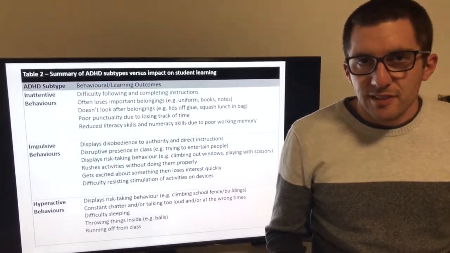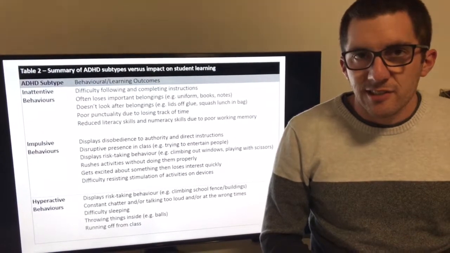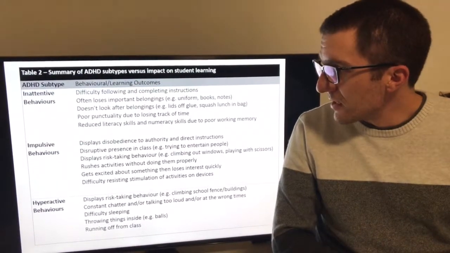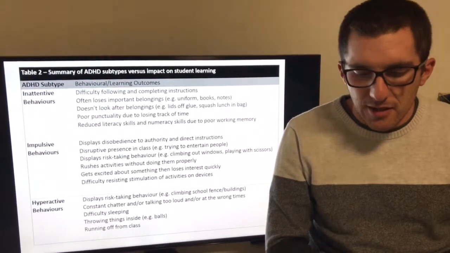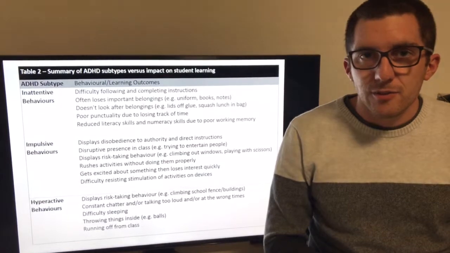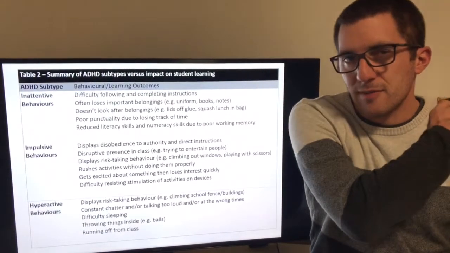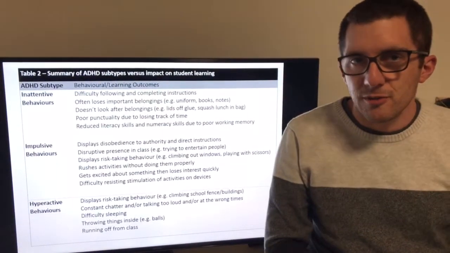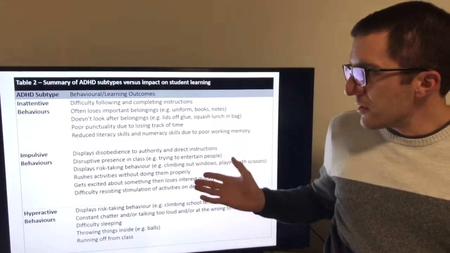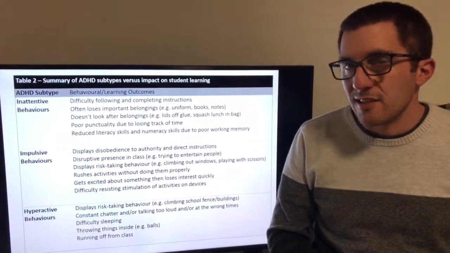As we said a minute ago, ADHD has three distinctive symptoms: inattention, impulsivity and hyperactivity. Now, it's important to remember that even though we classify students and patients according to these three symptoms, each person with ADHD is unique, and so that will be reflected in their spread of symptoms and how they present in the classroom.